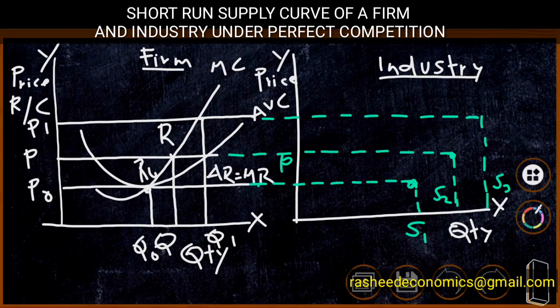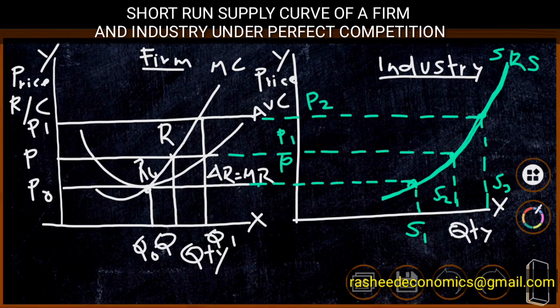Then we will get a supply curve by joining these points like this. This is the short run supply curve of the industry. Now we have an upward sloping supply curve, as different quantities are supplied at different prices.